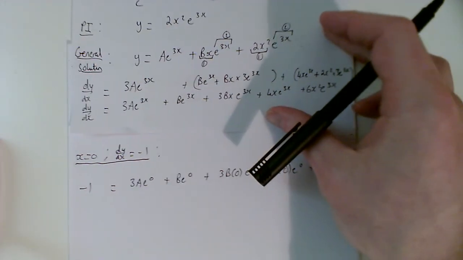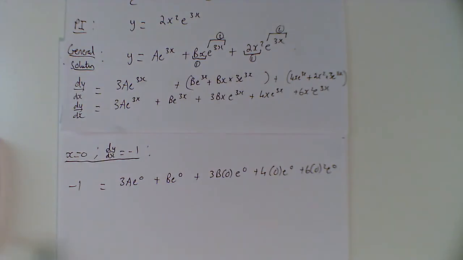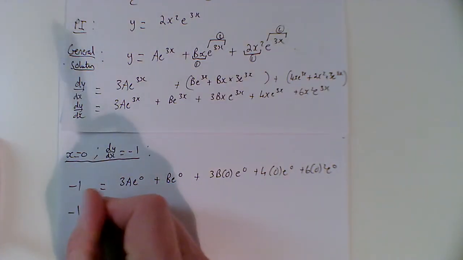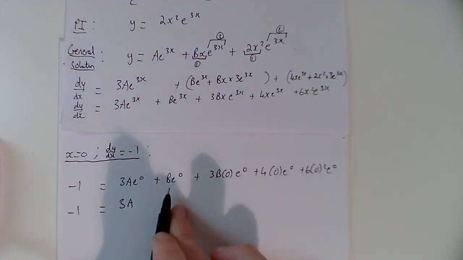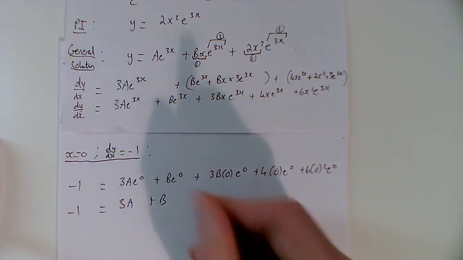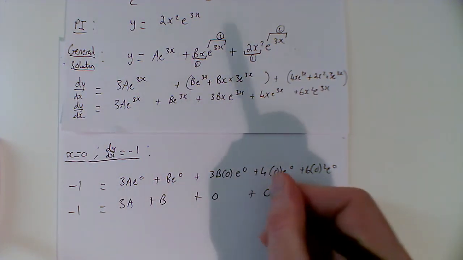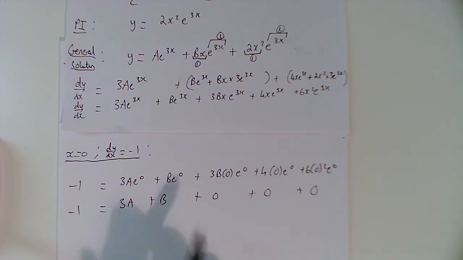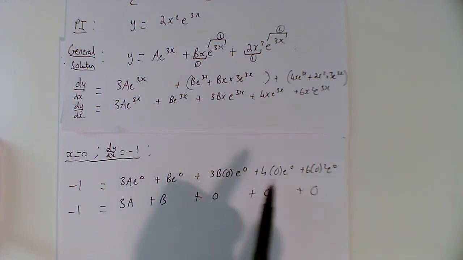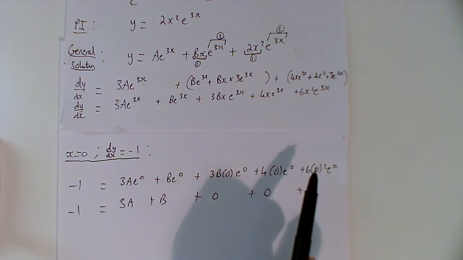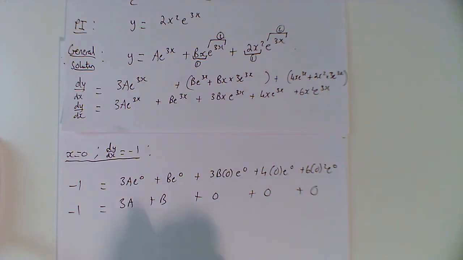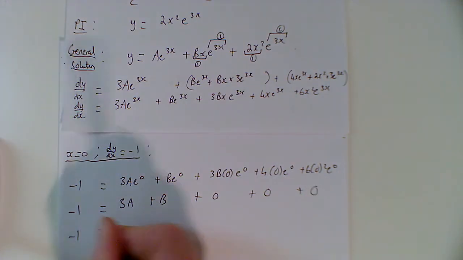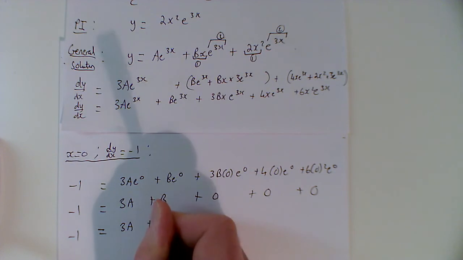Okay, so just substituting 0 in place of all your x's and -1 in place of your dy by dx. Hopefully that's clear. So again, e to the power of 0 is just 1, so that's going to give me 3a plus b, that bit 0, that bit 0, and that bit 0, because you're just multiplying by 0 here, multiplying by 0 here, and multiplying by 0 here. So -1 equals 3a plus b.